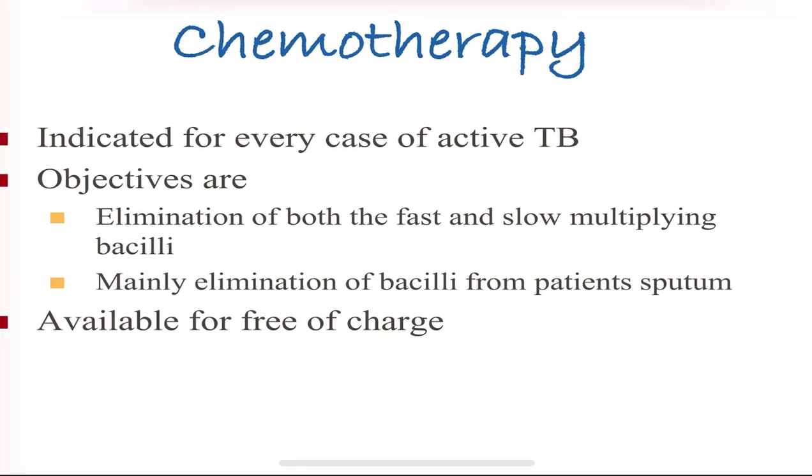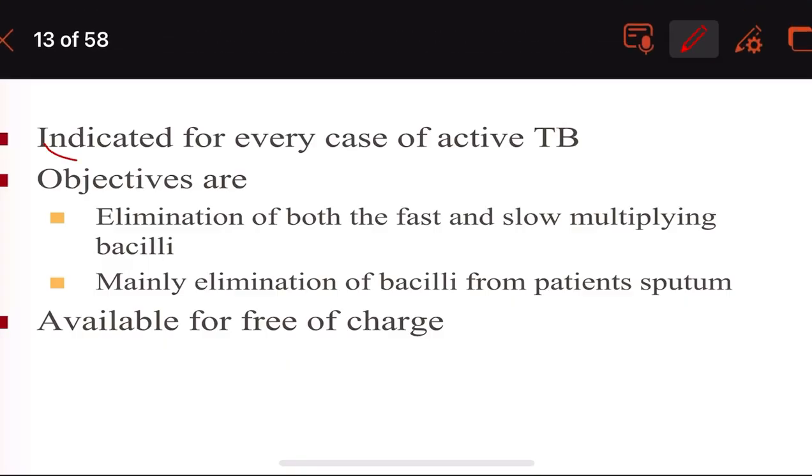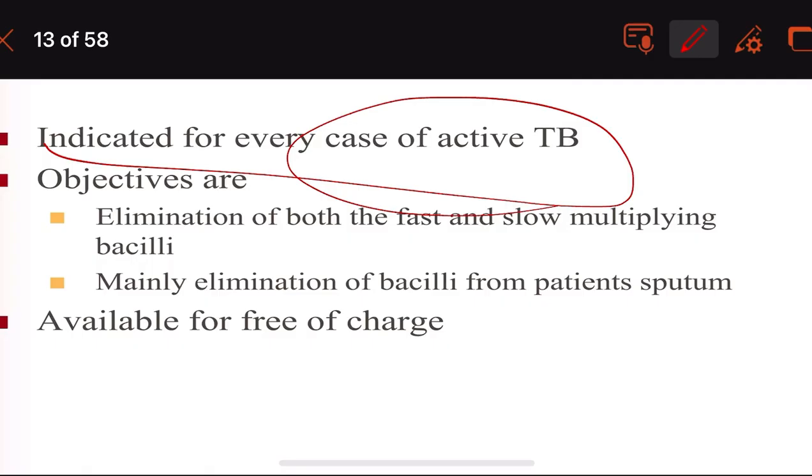The chemotherapy should be made easily available, free of charge, to every patient who is detected positive. It should be adequate, appropriate, and applied to the entire pool of infectors in the community. Is it clear? So the chemotherapy is given to every active case. What are the main objectives of this chemotherapy?